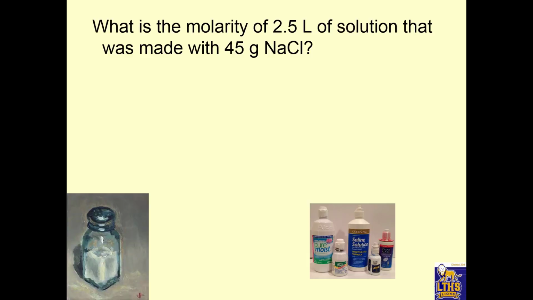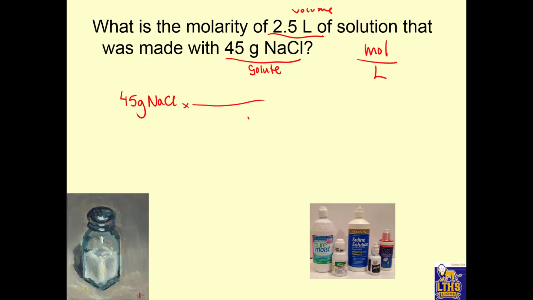So there's 2.5 liters. This is the volume of solution. And there's 45 grams. This is the solute. But we need molarity, moles per liter. So we have to change that 45 grams of NaCl into moles of NaCl. We cancel out grams, get the moles. This is NaCl the whole time here. 1 mole of NaCl. How do we know how many grams are in a mole?